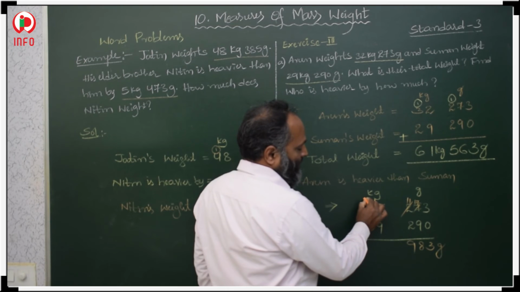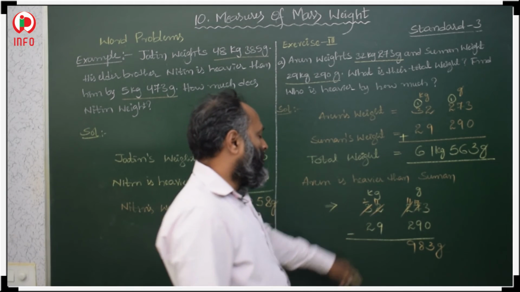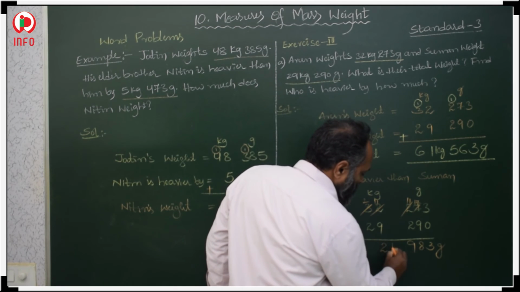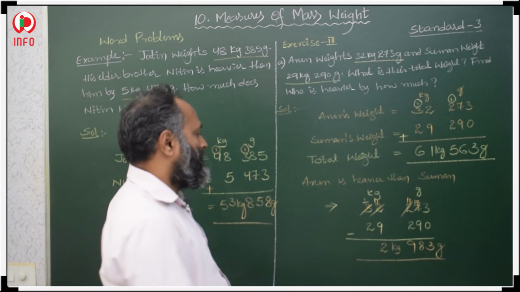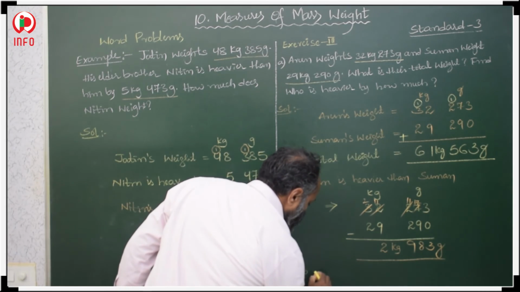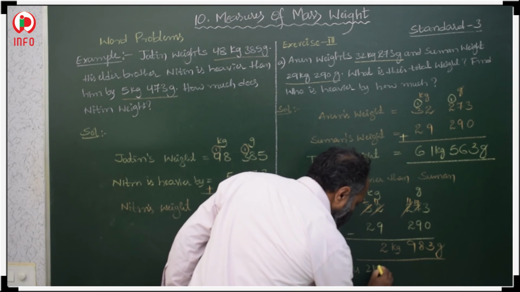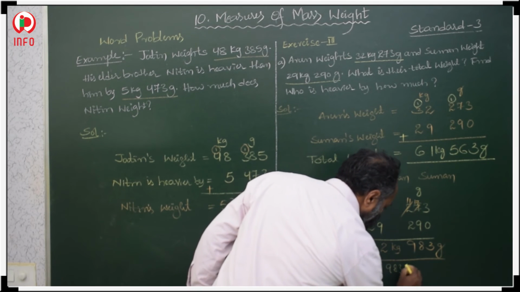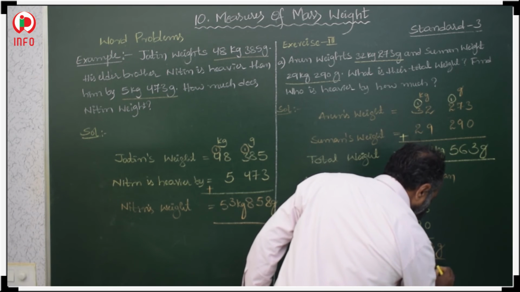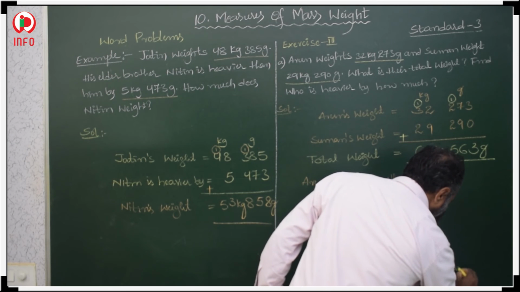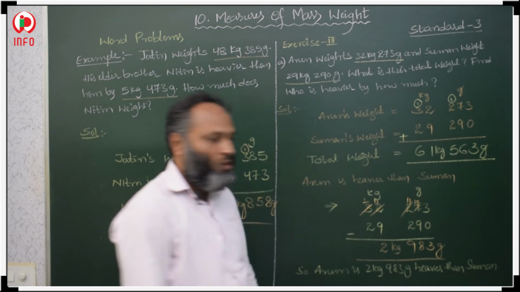In 3 tens, if you take 1 ten borrow, here you will get 2 and here increase by 10. 11 minus 9 is 2. 2 kg 983 grams. So Arun is 2 kg 983 grams heavier than Suman. Okay, this is the answer.